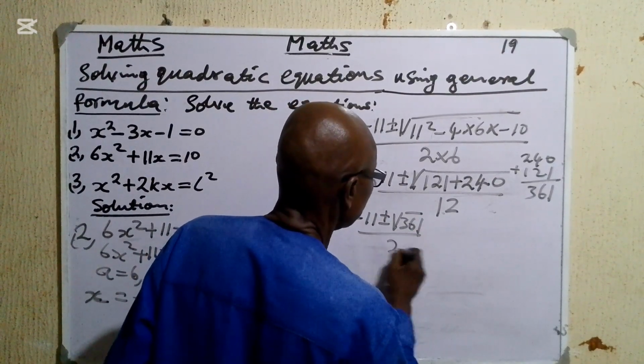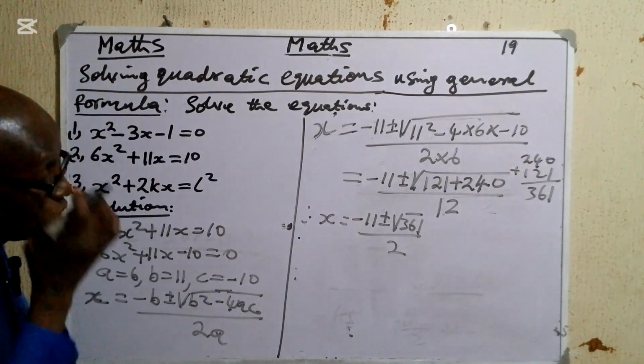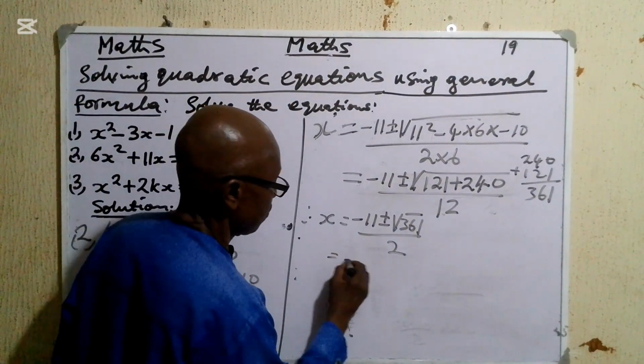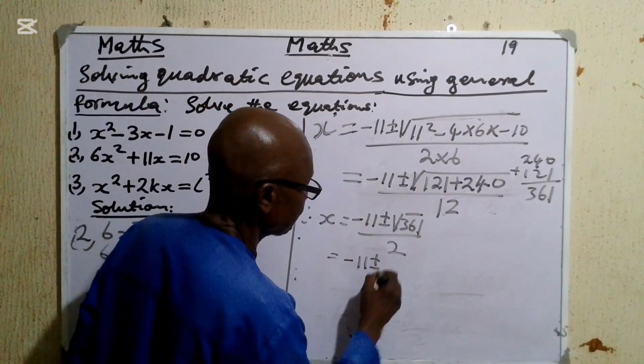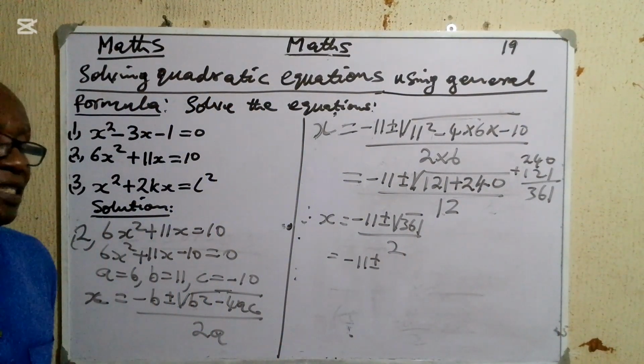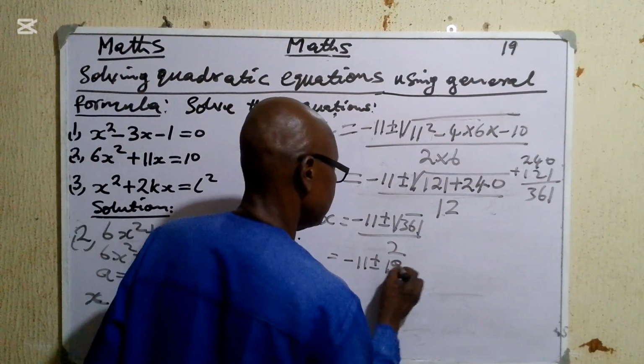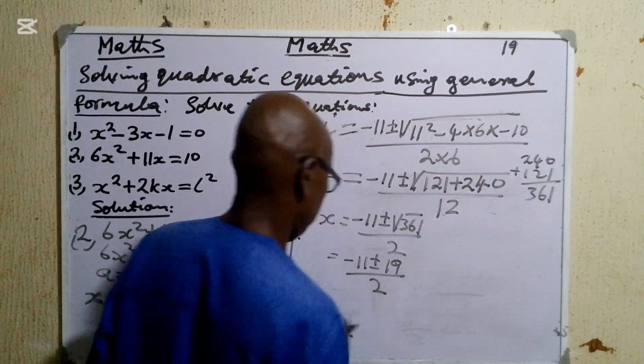361 all over 2. And that will lead us to minus 11 plus or minus square root of 361, which is 19. So 19 all over 2.